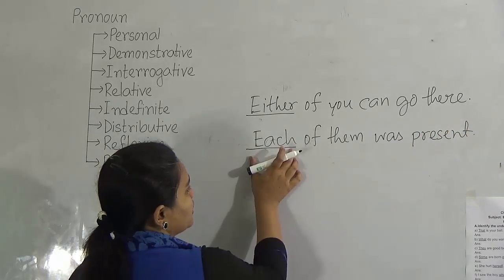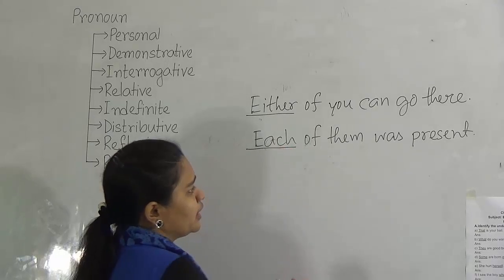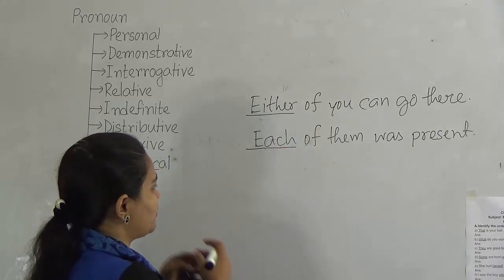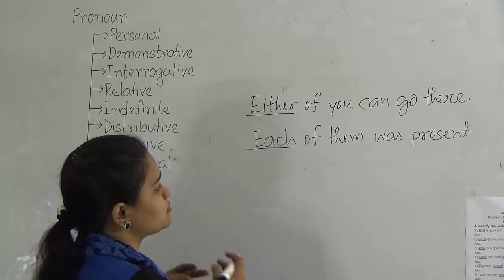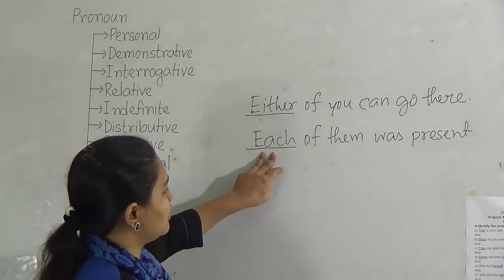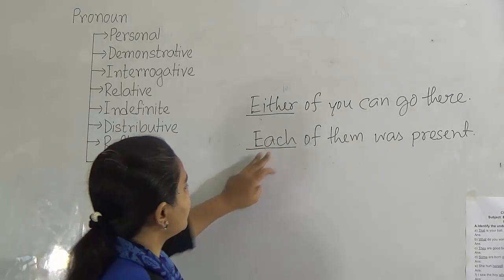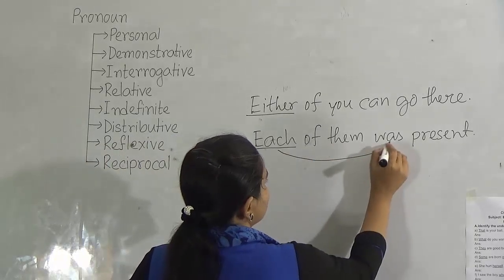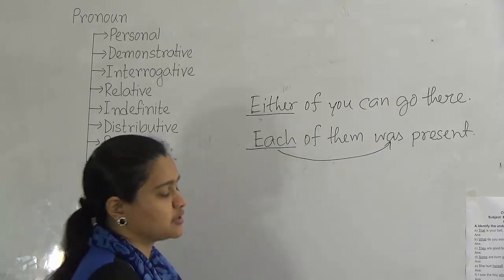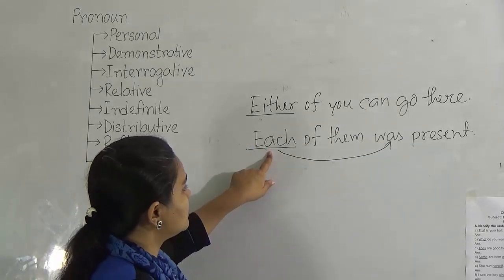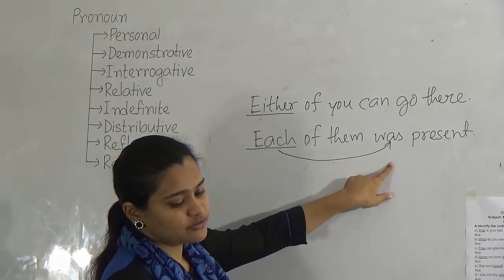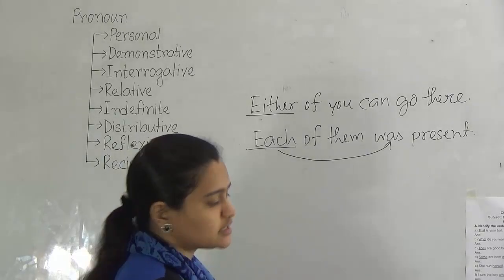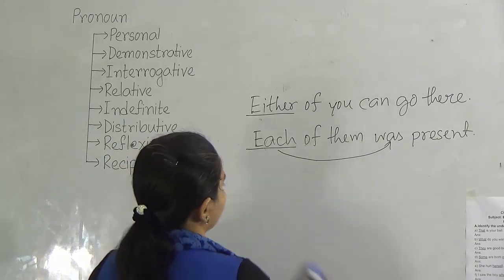So the word here separates the people in a group of people, that means each and every single person was present at that moment. And now look at the verb. It is a singular verb. So the subject is singular and the verb is also singular. A distributive pronoun always takes a singular verb. We will remember this one.